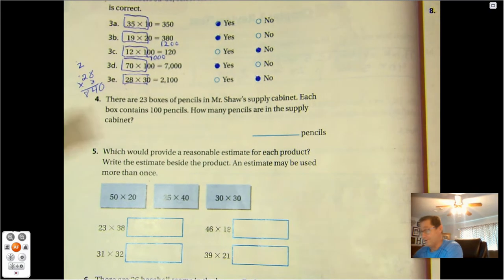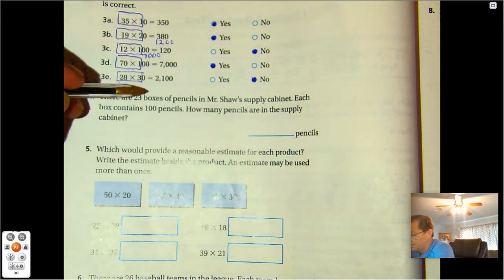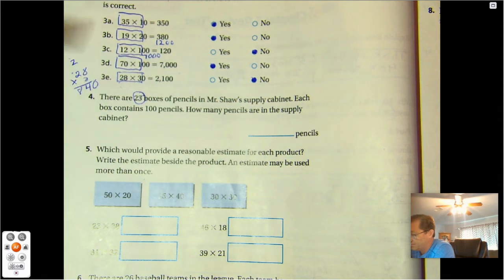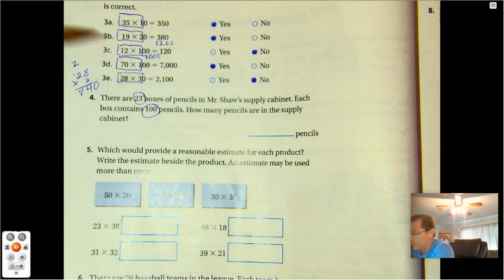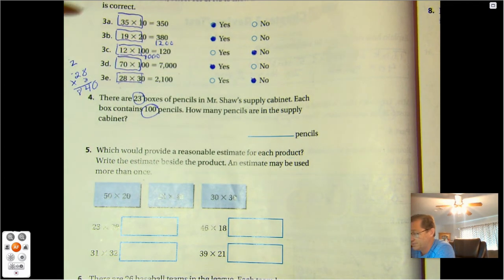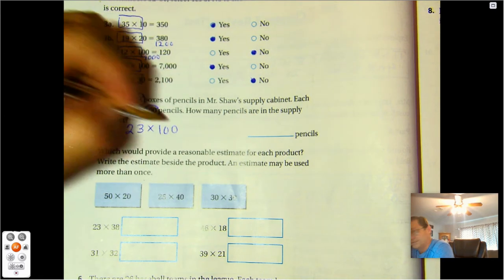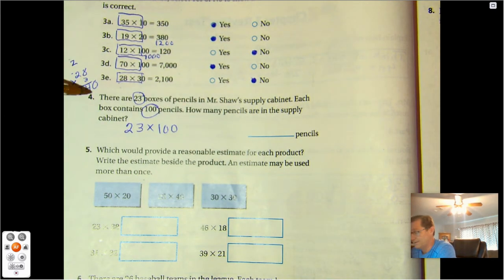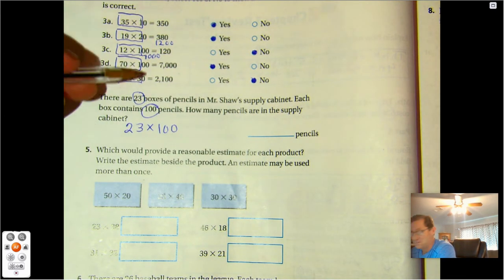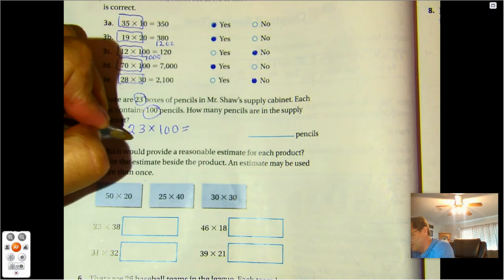Anyway, 4. 23 boxes of pencils in Mr. Shaw's supply cabinet. Each box contains 100 pencils. How many pencils are in the supply cabinet? So 23 boxes. Every box has 100 pencils. So we don't need to make this a very difficult problem.